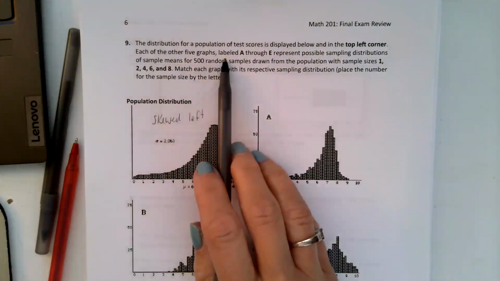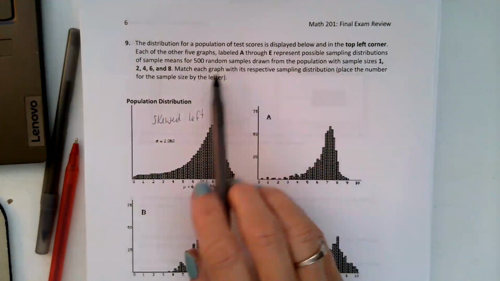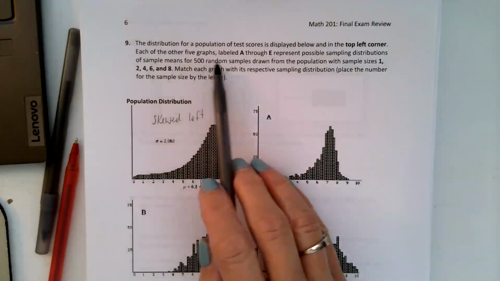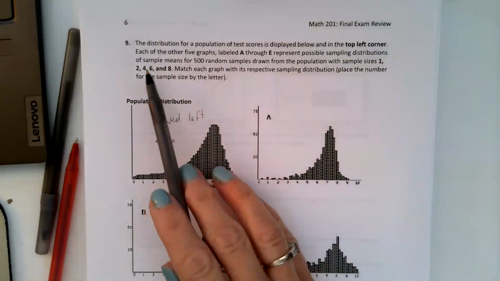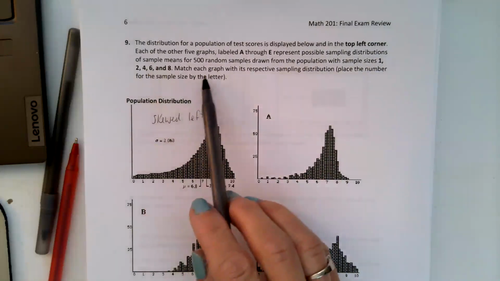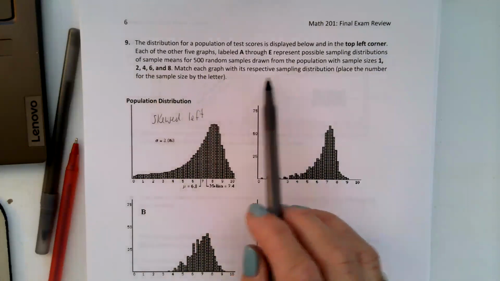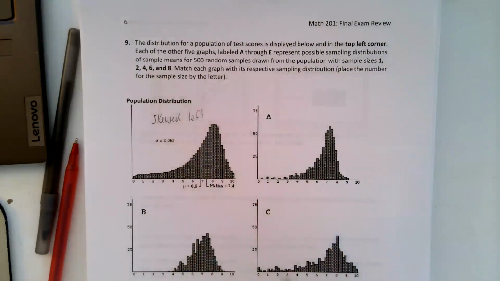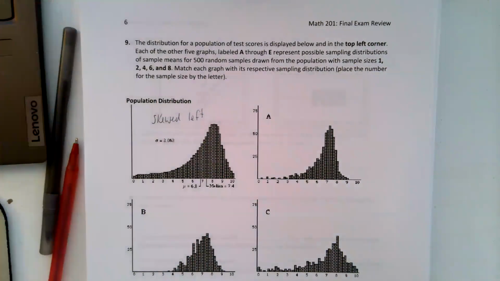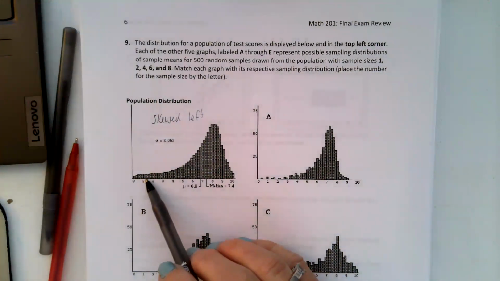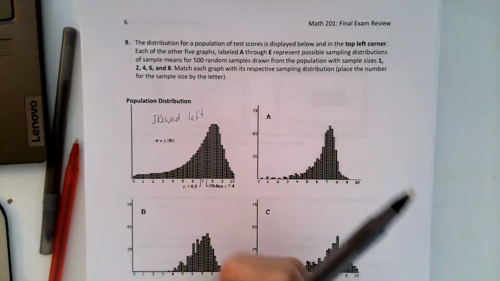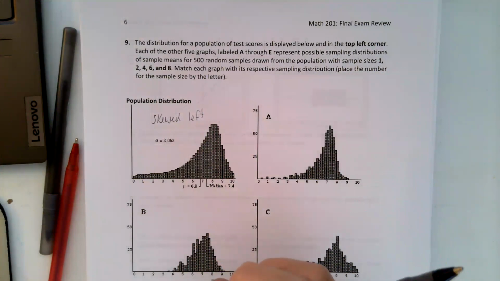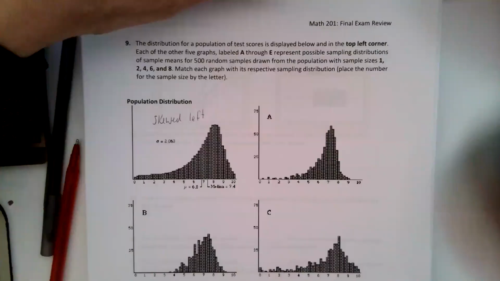Each of the other 5 graphs, A through E, represent possible sampling distributions of sample means for 500 random samples drawn from the population with sample sizes of 1, 2, 4, 6, and 8. Match each graph with its respective sampling distribution. Place the number for the sample size by the letter.